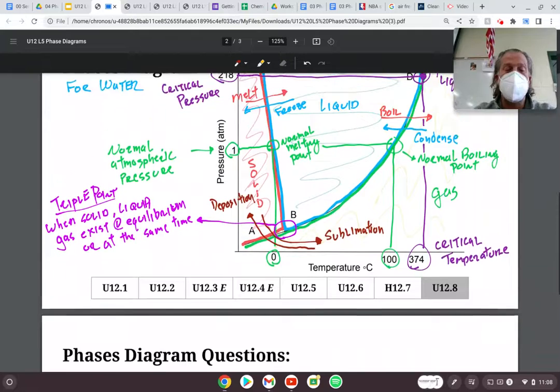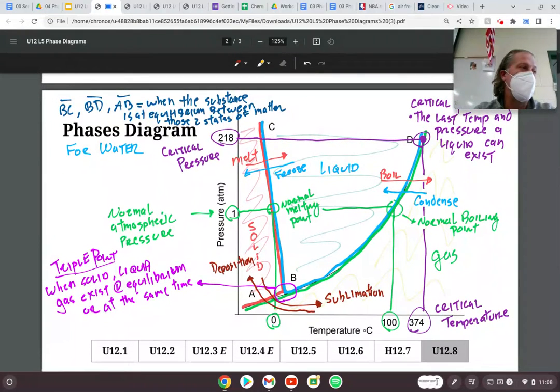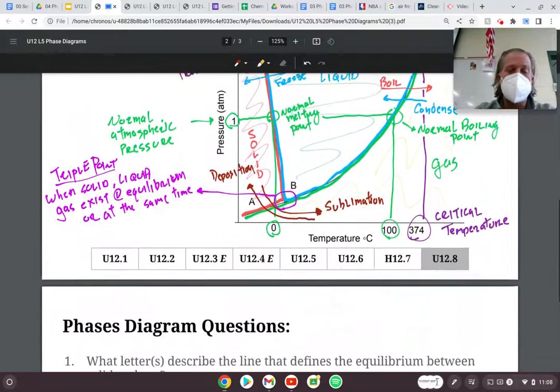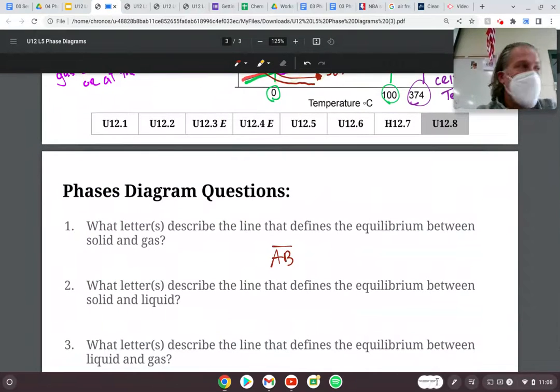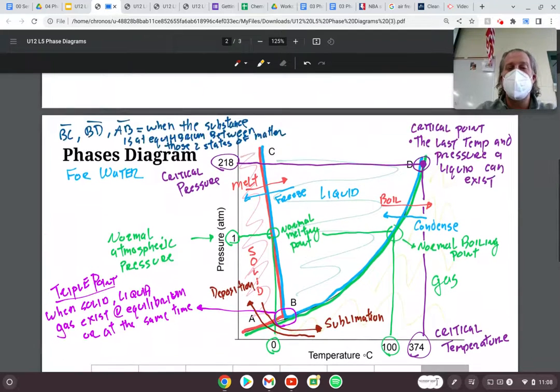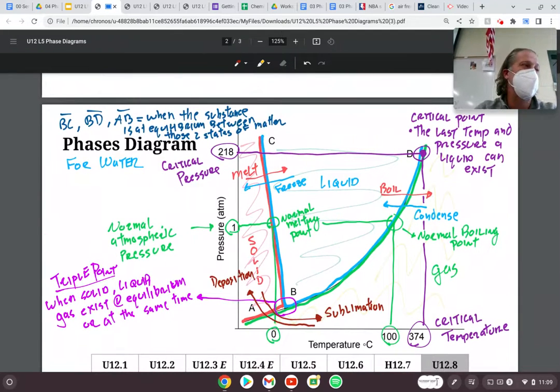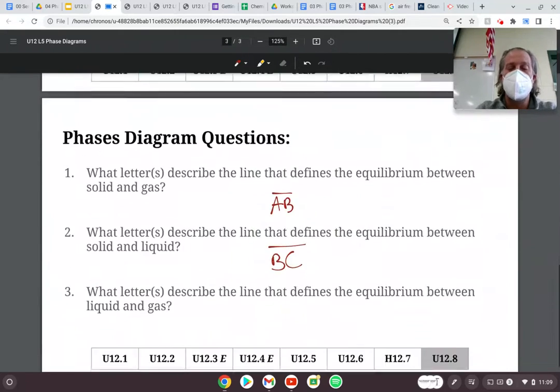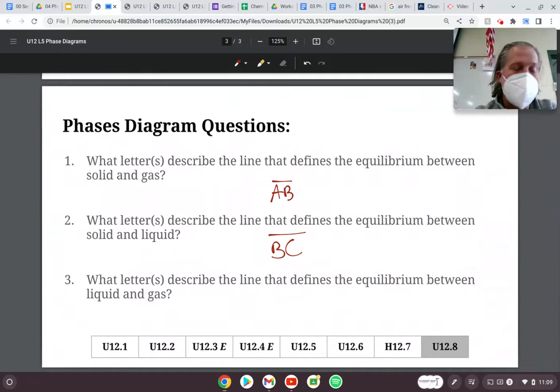Which letter best describes the equilibrium between solid and liquid? I would say the best description of that would be BC. And then which letters best describe the equilibrium between liquid and gas? In this instance, it would be something like BD.